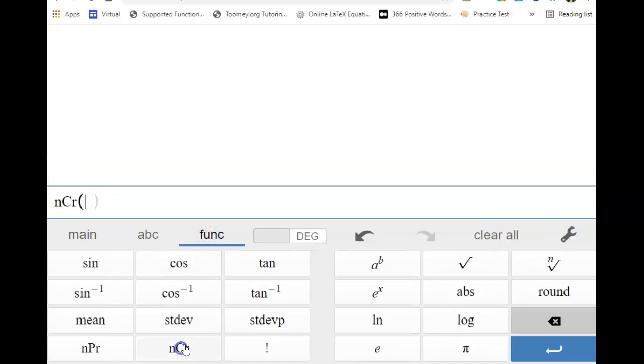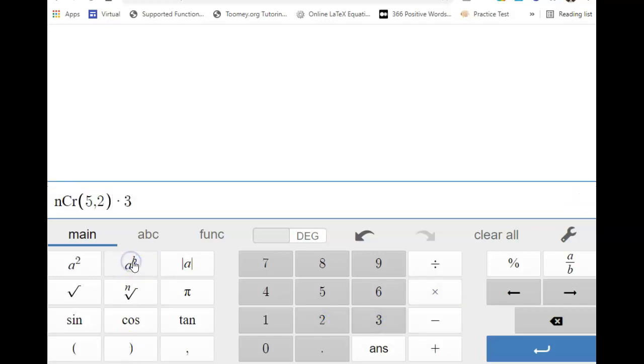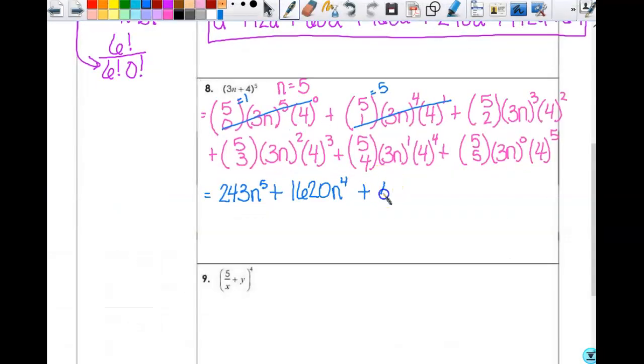I need my combination, and that's going to be 5, 2, close my parentheses, times 3 to the 3rd, times, I'm going to go ahead and put in 4 squared, even though I know it's 16, because then it'll just make it easier for me to go back and change other numbers. So that gives me 4320. So I'm going to come back over here, and I get 4320, and then I still have to have n cubed. Done with that one.